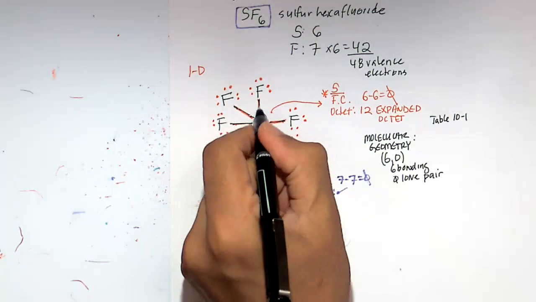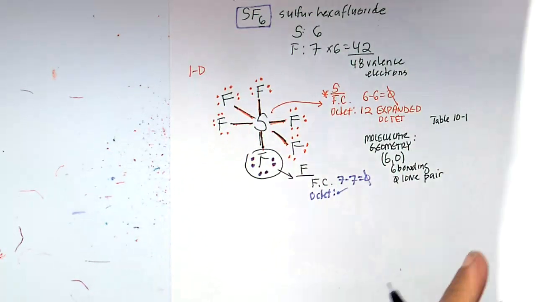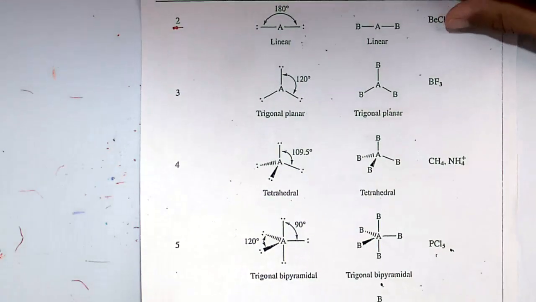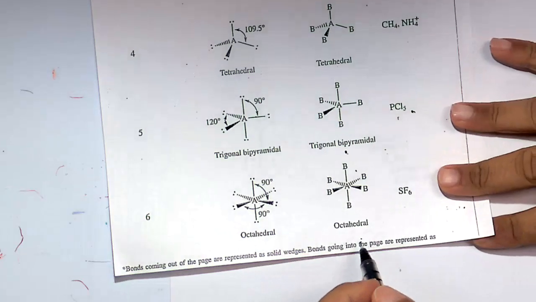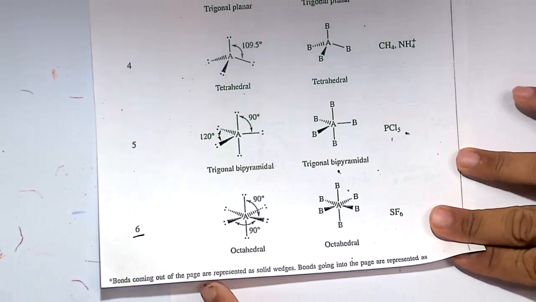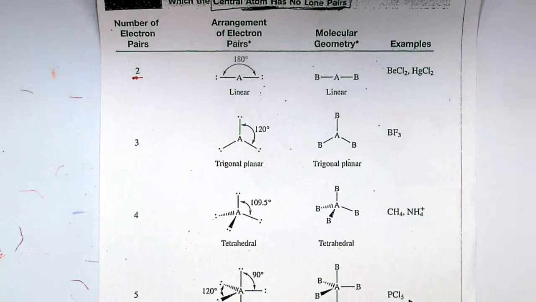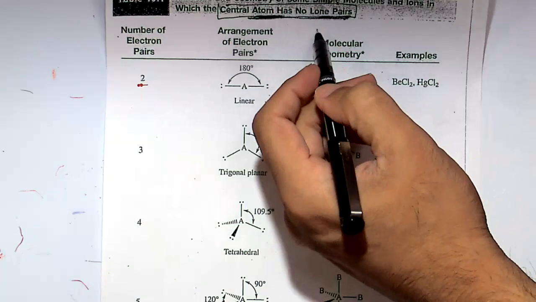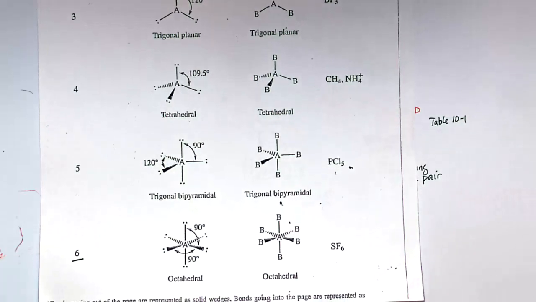What's 6 bonds, 0 lone pairs? The molecular geometry is going to be octahedral.